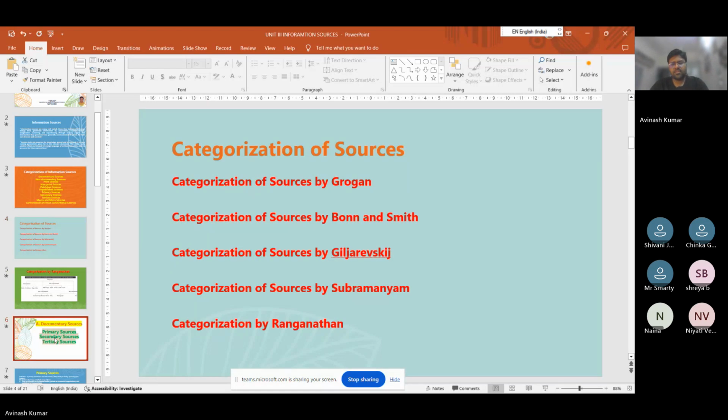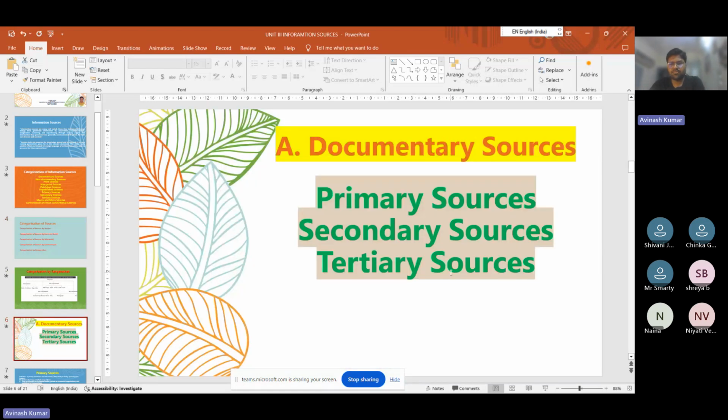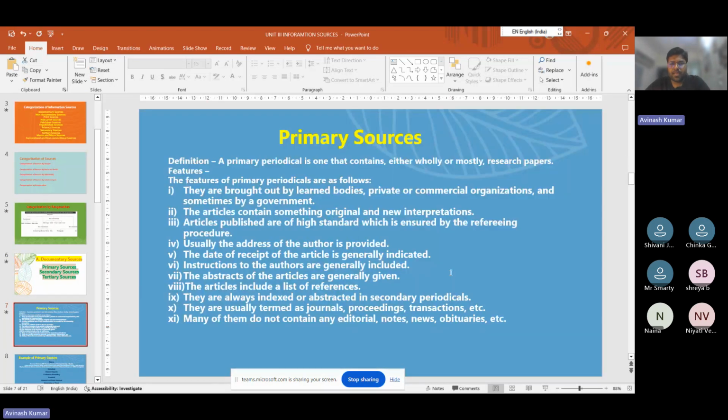Okay, so what are the documentary sources? Primary sources, secondary sources and tertiary sources. These are the documentary sources. What are the primary sources? A primary periodical is one that contains either wholly or mostly research papers.